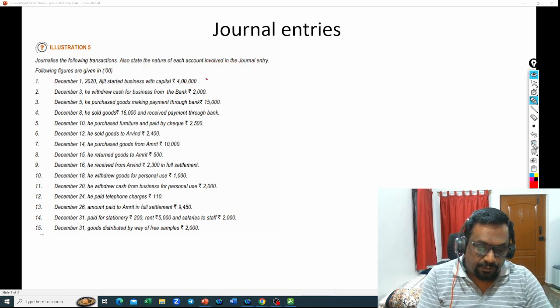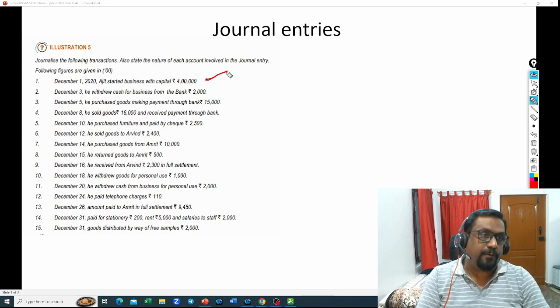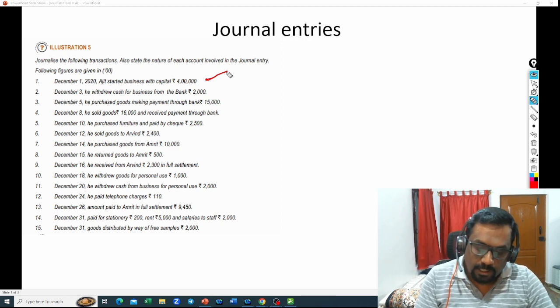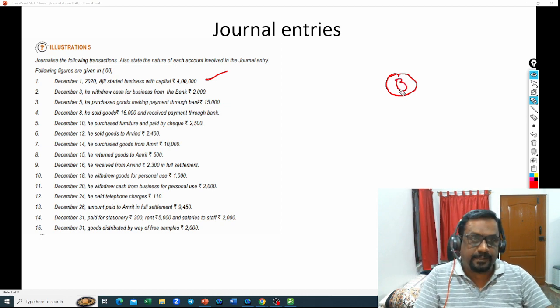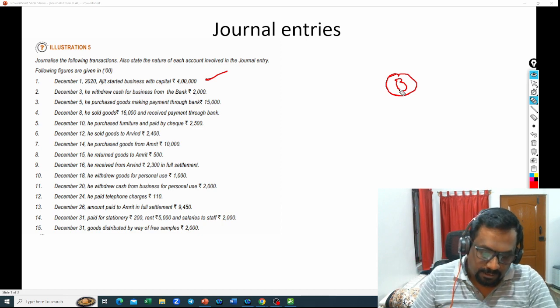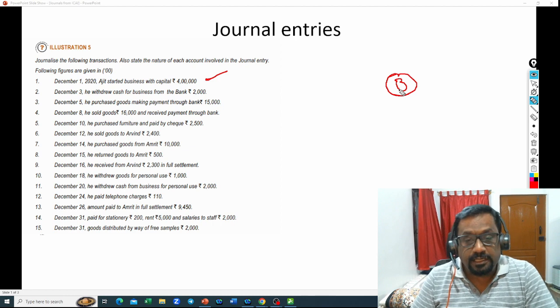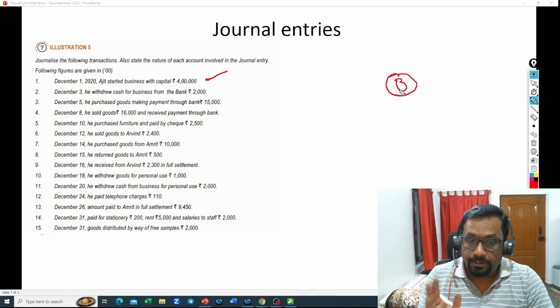Let me start with the first one. Ajit started business with capital of 4 lakhs. Ajit is the proprietor. He started his business with 4 lakhs capital. So how do we do this journal entry? As per the business entity concept, the proprietor is separate and the business is separate.